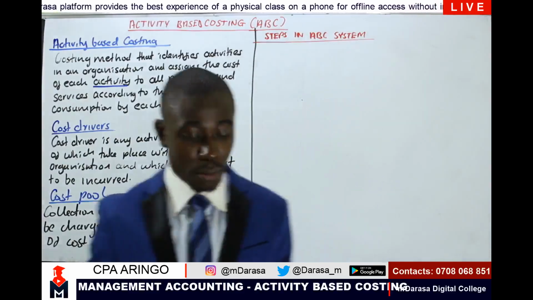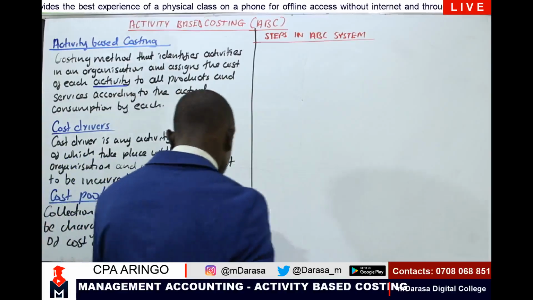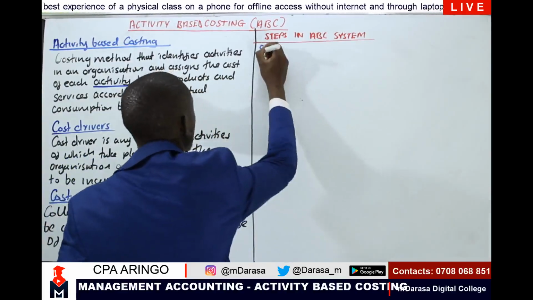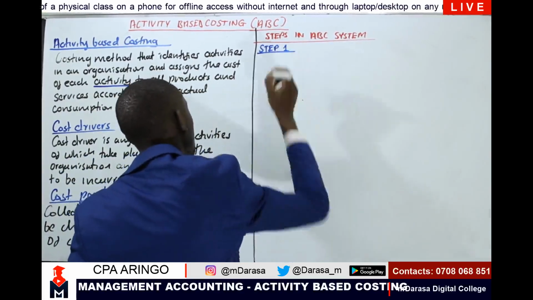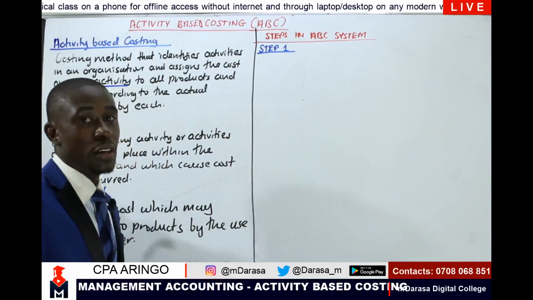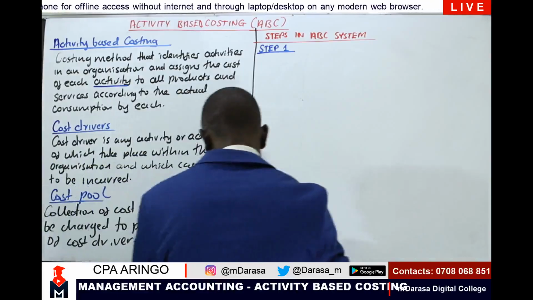So step number one, whenever we are talking of the ABC system: it will always be very key for us to identify the activities within the organization.